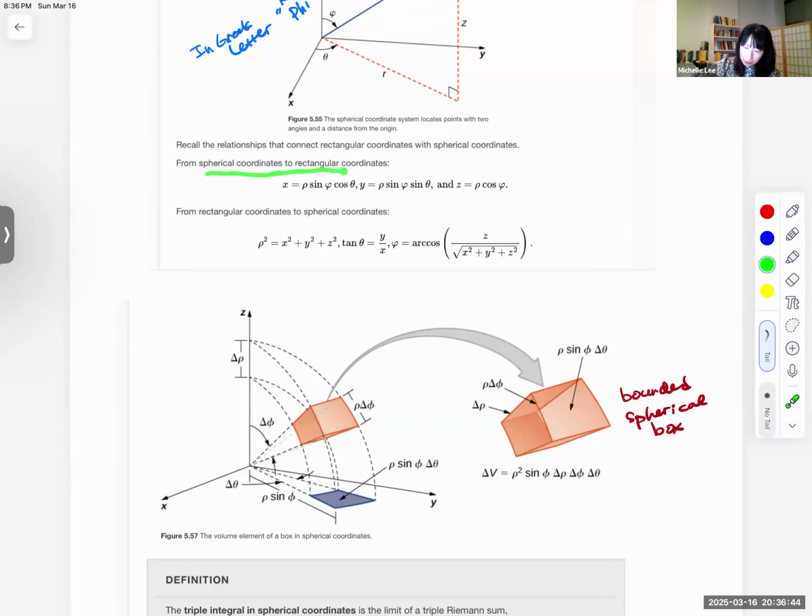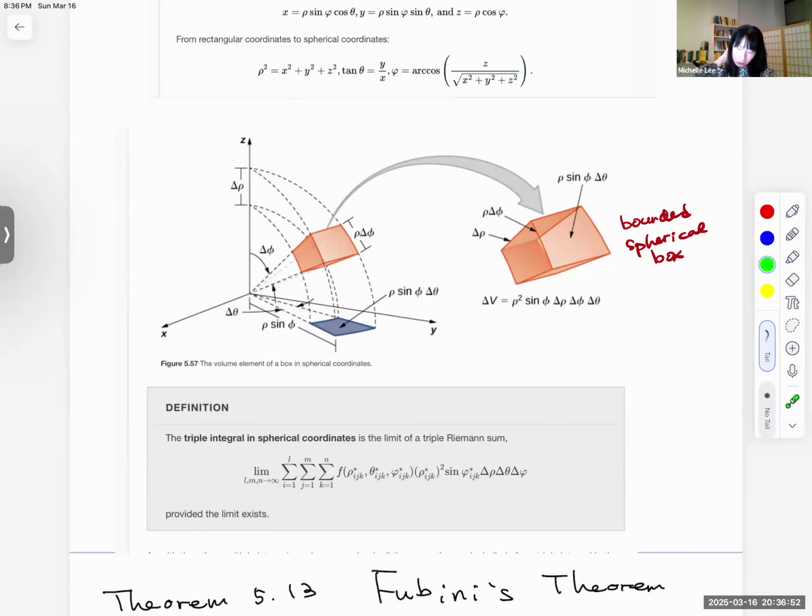Now, converting spherical to rectangular and then rectangular to spherical, we have this one later too. Okay, let's take a look. So this is a bounded spherical box.